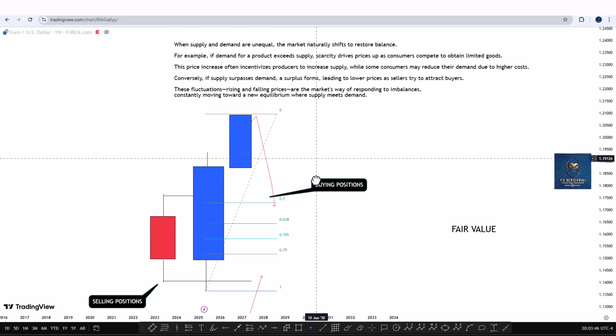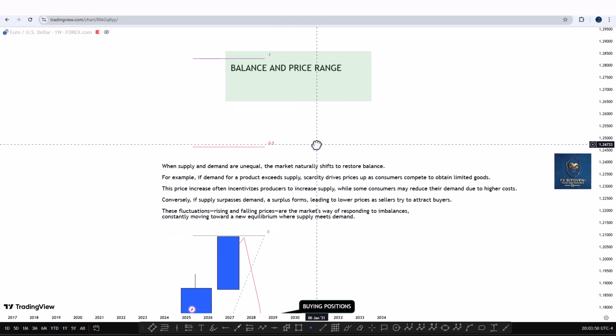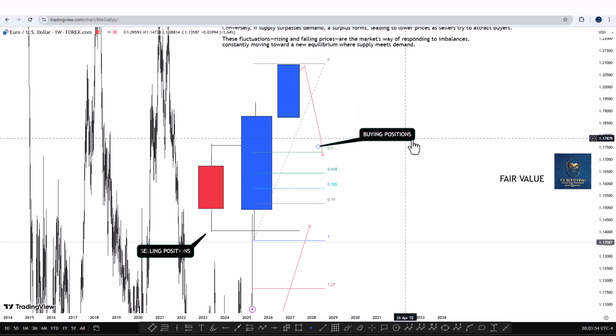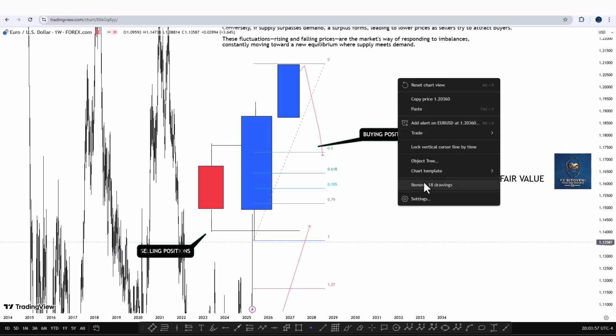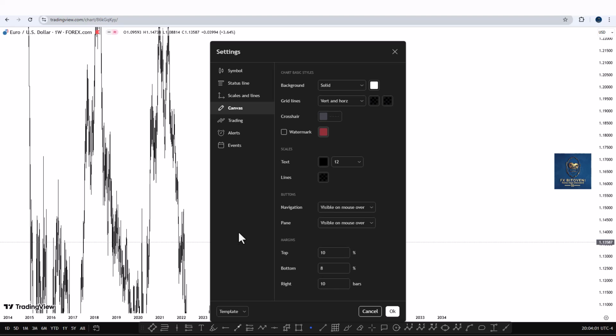So this is why I say balance in the price range. So let's use the chart and see some examples. I'm not sure which template to use because I have so many.